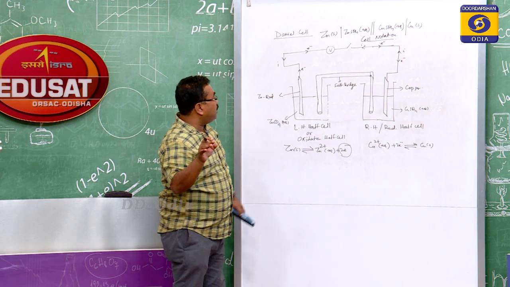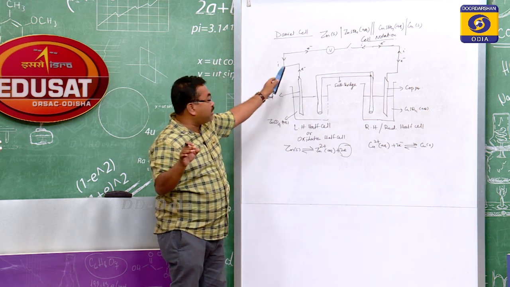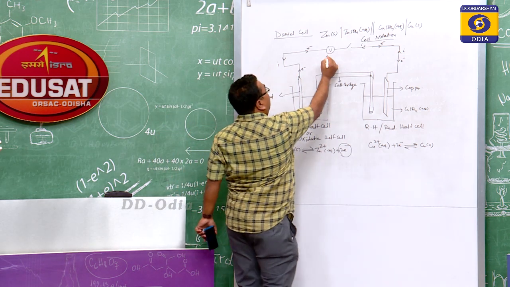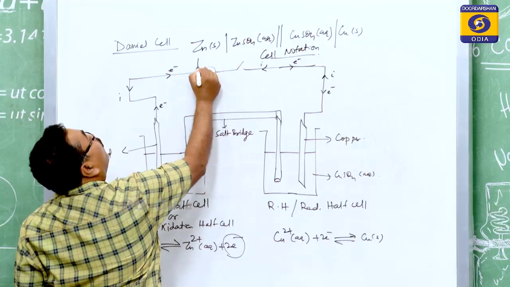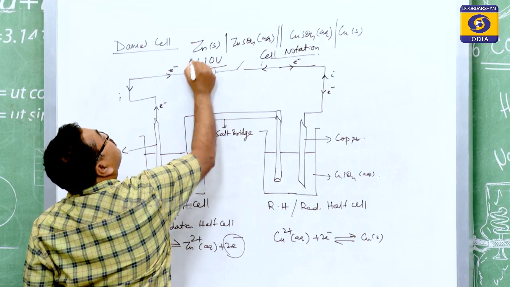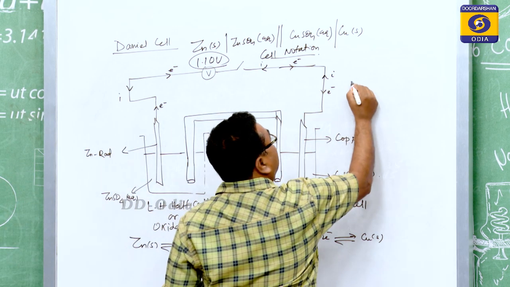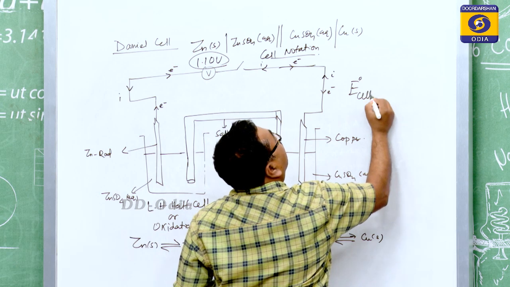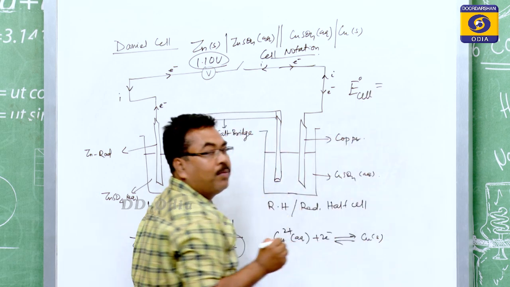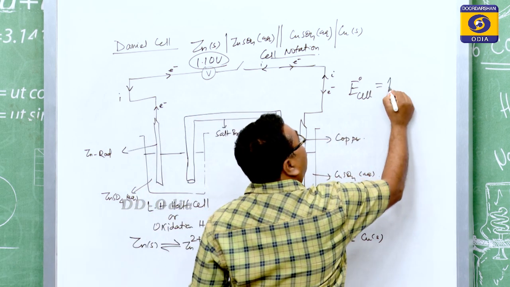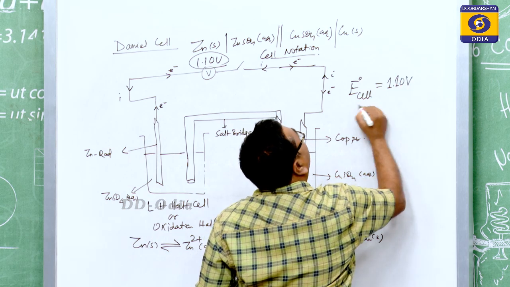In standard condition, the voltage here will be 1.10 volt. This is known as E0 cell, the standard EMF of the Daniell cell, which is 1.10 volt.